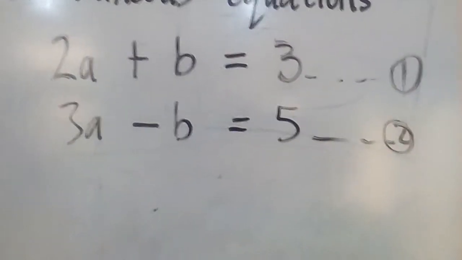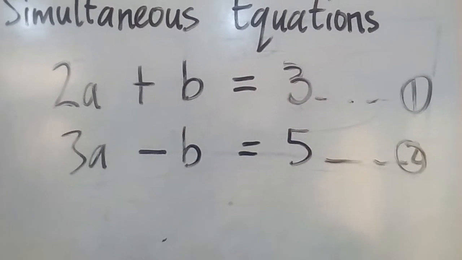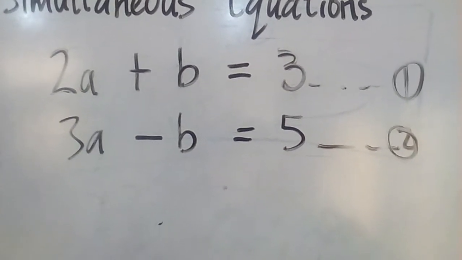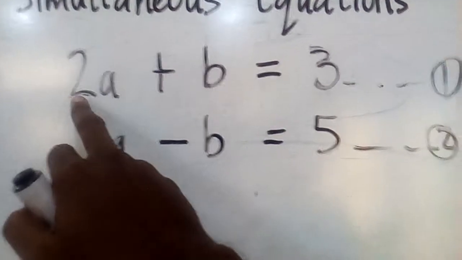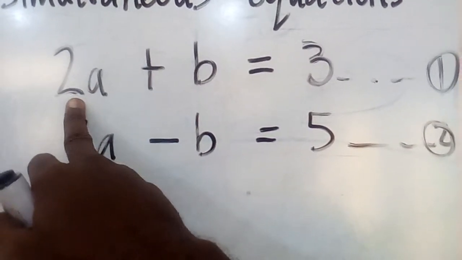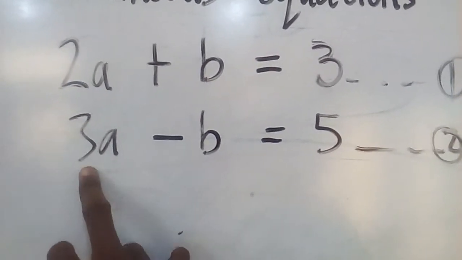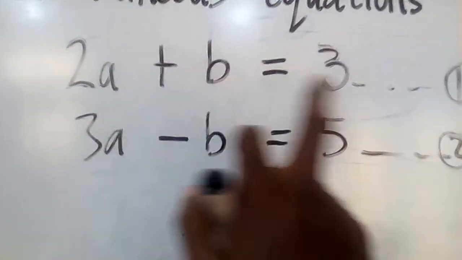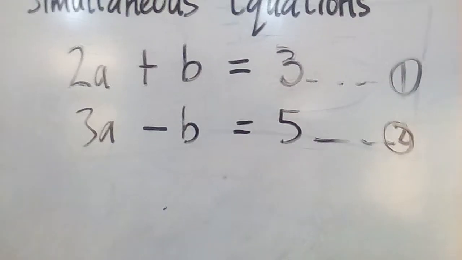So what that means is I would be multiplying equation 1 by 3, and I'll be multiplying equation 2 by 2. That's because of the 2 right here. So equation 2 will take on the coefficient of a in equation 1, and equation 1 will take on 3, the coefficient of a in equation 2.